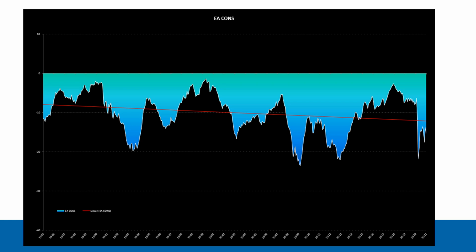But if you think of the periods that we looked at in the last decade, so 2011 to 2015, and then 2015 to 2019, 2020, you can see in the 2011 period to around 2014 that the European consumer was just very bearish.